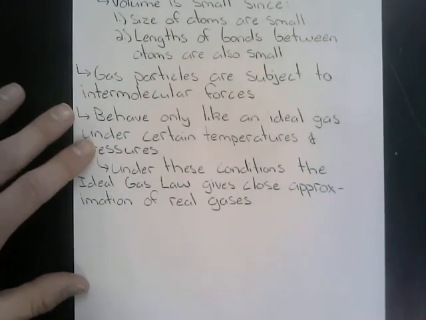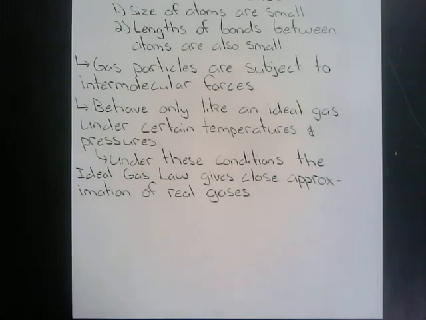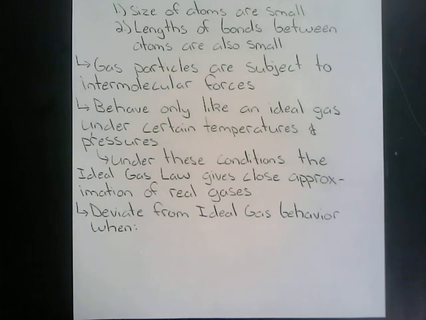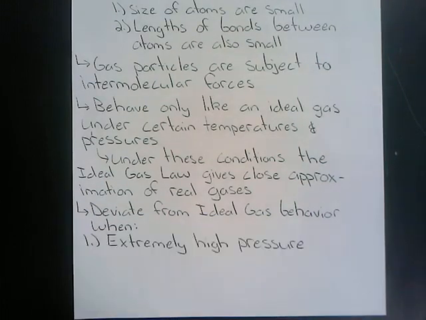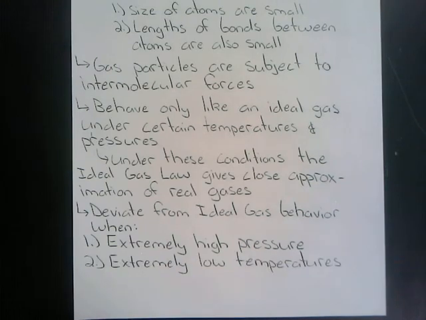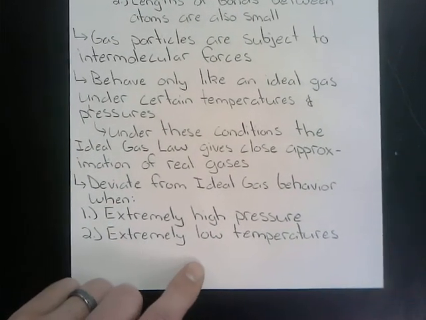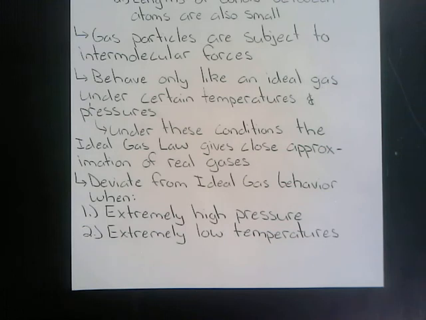Now, real gases deviate from ideal gas behavior under the following conditions. One, extremely high pressures. Two, extremely low temperatures. And so what happens under these conditions, and why a real gas deviates from ideal gas behavior, is that the particles of the gases are going to have less space, and the speed is going to decrease as well.